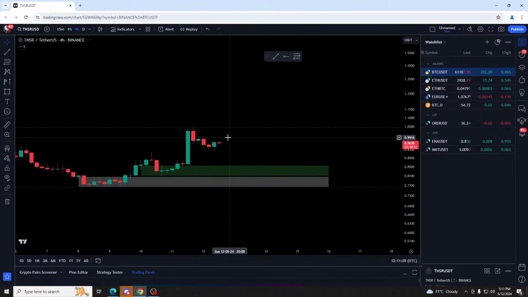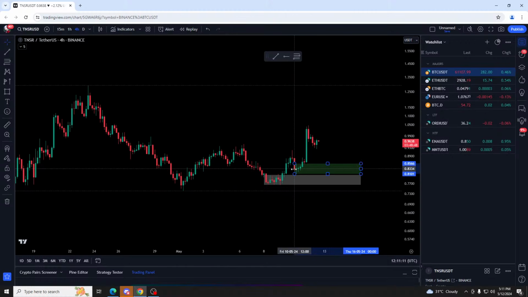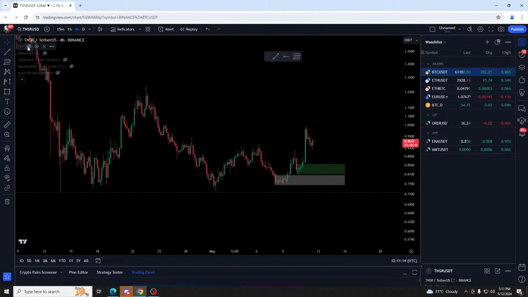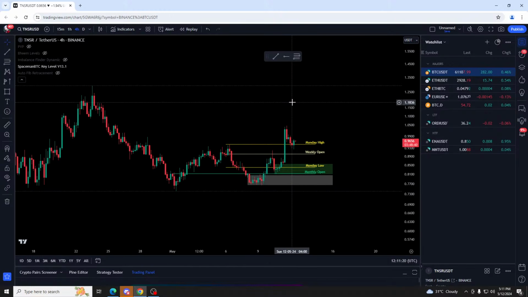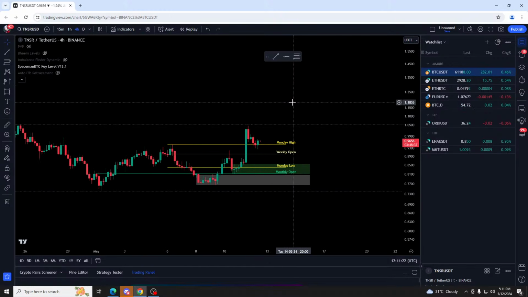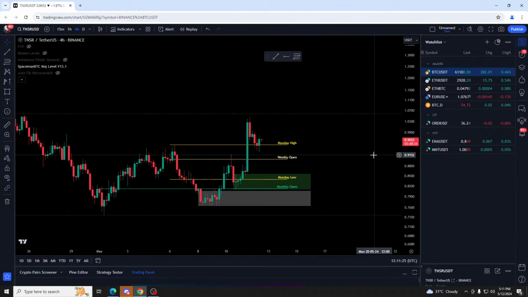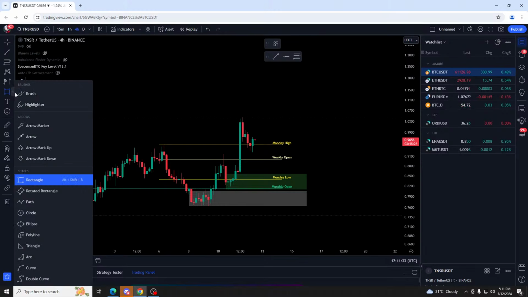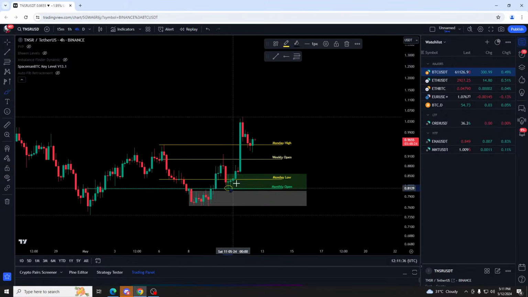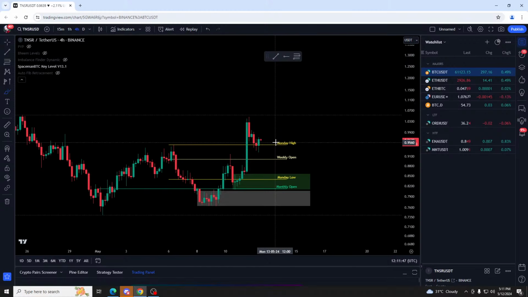Okay, for structures like these, the first thing that I see here is that it has already retested the monthly open. So the next time it goes there, it's more likely to sweep into the demand than just go from right here. Or if it's not going to go there, it's going to tap from this area here. But that's like the future part.